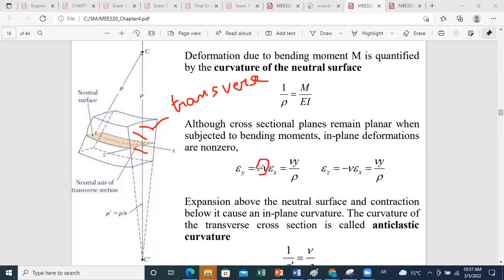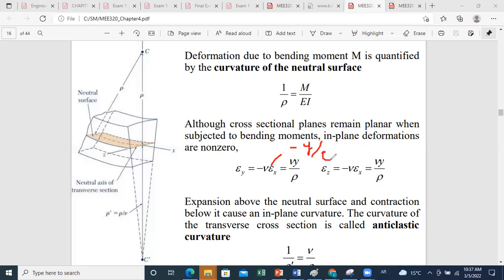Okay, so we know from previous analysis that strain along y can be related to strain along x by minus the Poisson ratio times epsilon x. The same for z direction, epsilon z is minus Poisson ratio times epsilon x. And since we already developed for epsilon x the equation, we can replace epsilon x by minus y over rho.